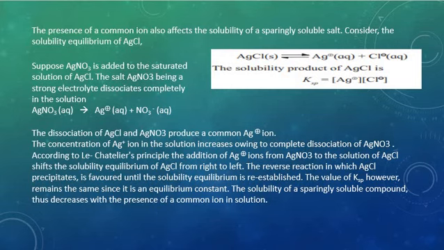So the value of Ksp remains the same since it is constant, but the solubility of the sparingly soluble compound decreases with the presence of one common ion in the solution.